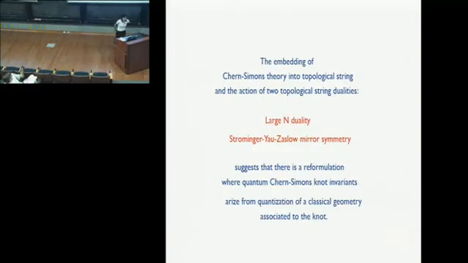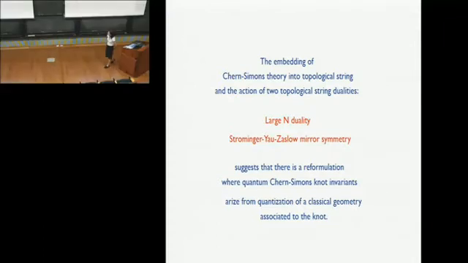Okay, so the embedding of Chern-Simons theory into topological string, what this gives you is an action of two string dualities, the large N duality and Strominger, Yau, and Zaslow mirror symmetry. And taken together, they suggest that there should be a reformulation where quantum Chern-Simons knot invariants arise by quantization of a classical geometry associated to the knot.